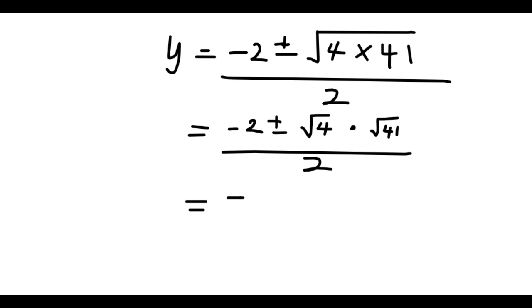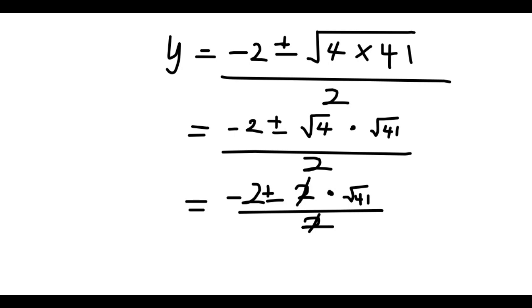We now have minus 2 plus or minus 2 multiplied by square root of 41, everything over 2. The 2 at the denominator can cancel the 2 at the numerator altogether. This expression now gives us minus 1 plus or minus square root of 41 as our resolved y.